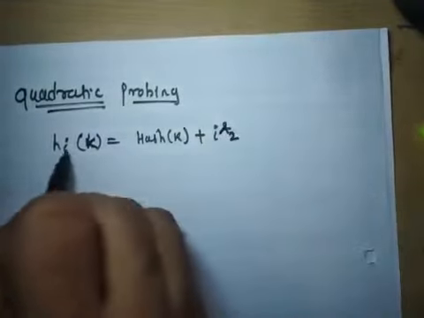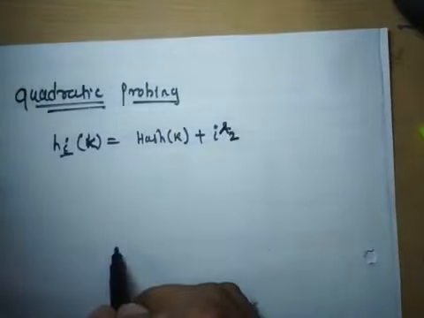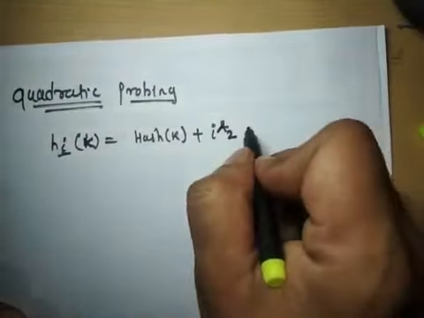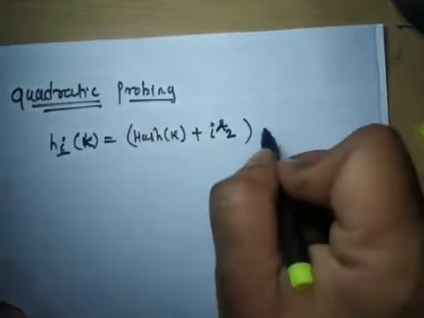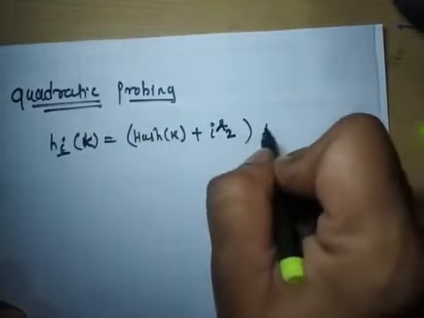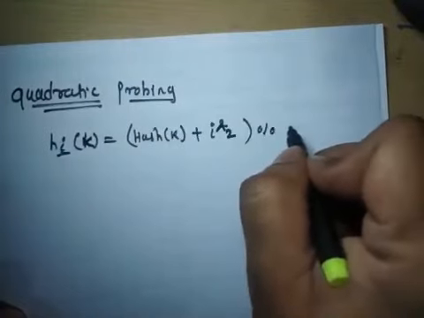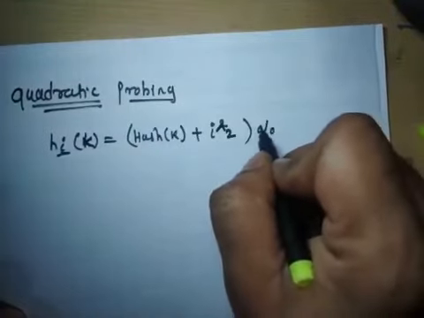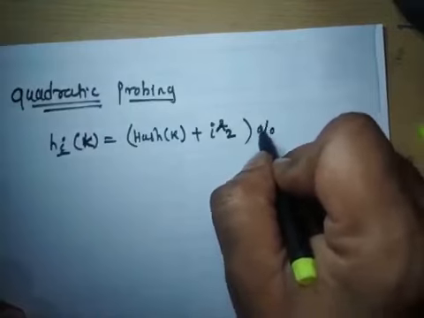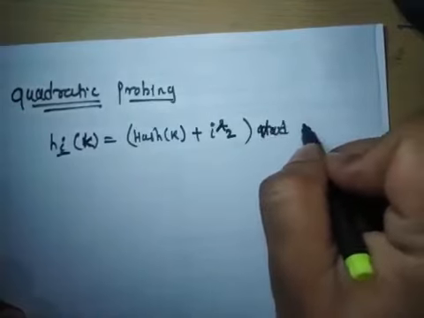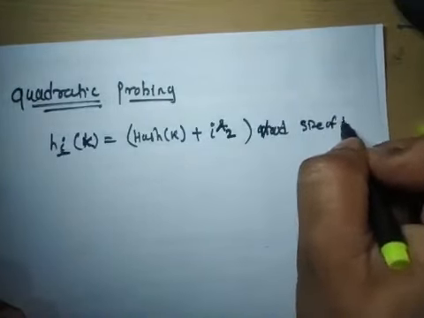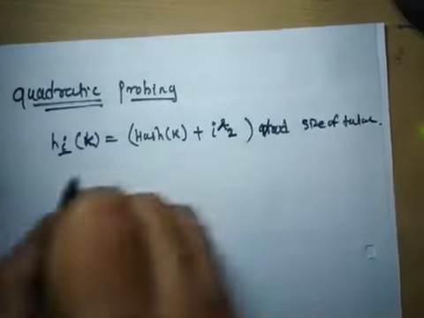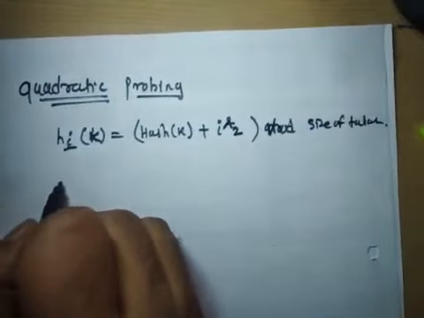So whatever i's value we have, we are going to square it, and whatever result comes from this equation we are going to find modulus of that. So you can say mod size of table.